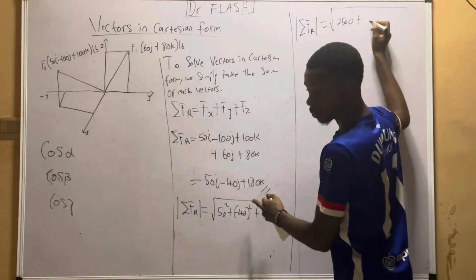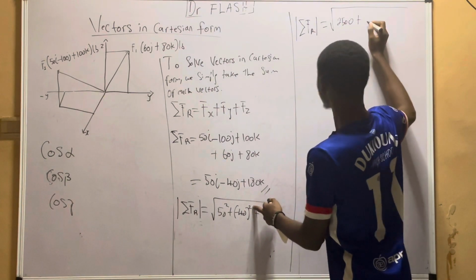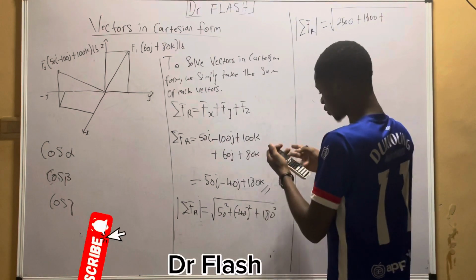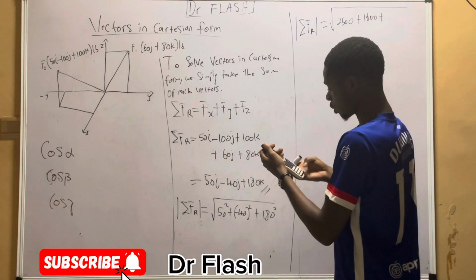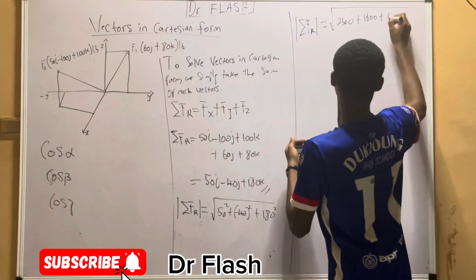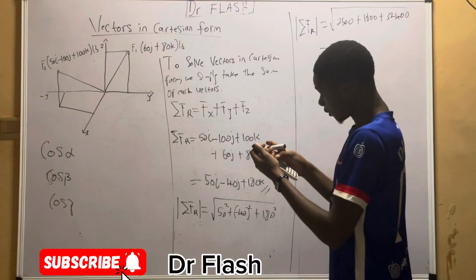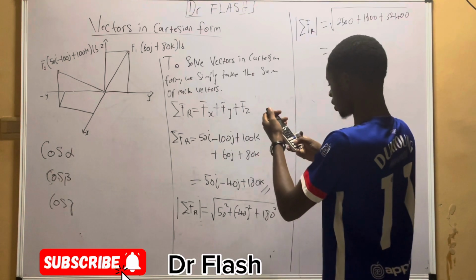The minus is going to leave because of the squared, so I should be having 1600, and then 180 squared should give us 32400. Now we'll press every single thing we're having here in the calculator.